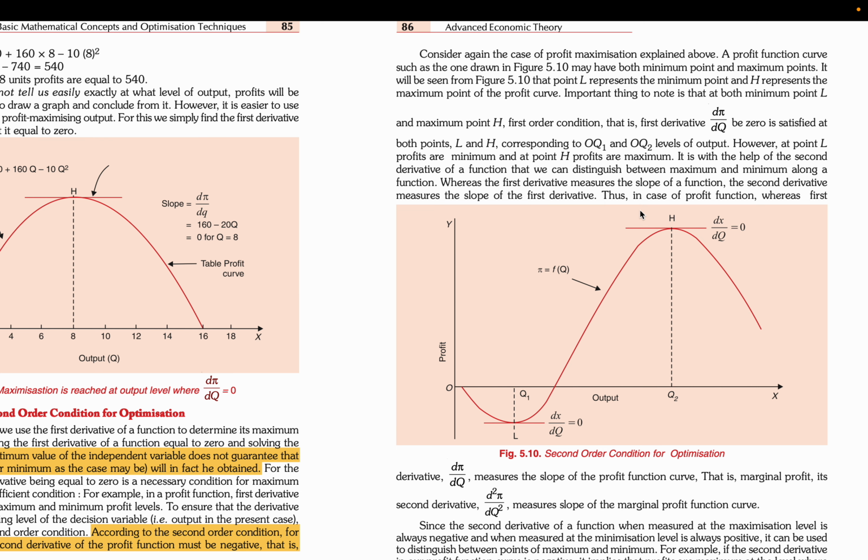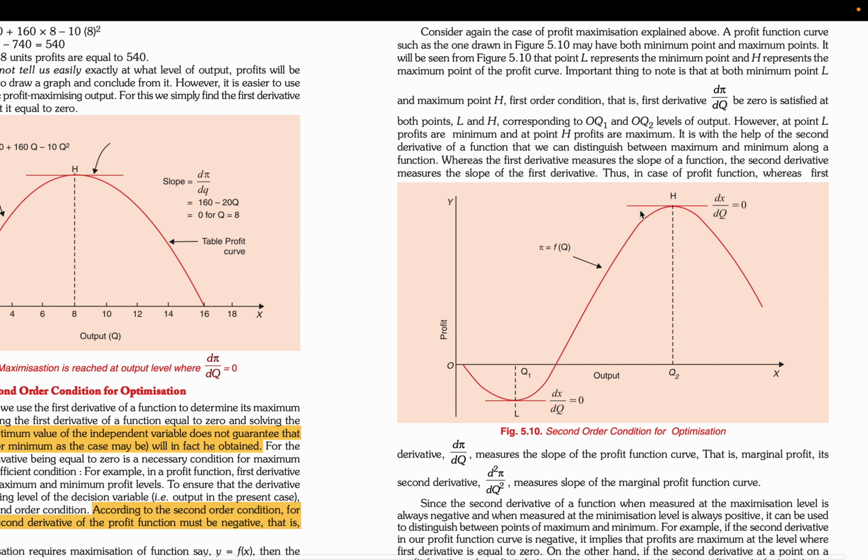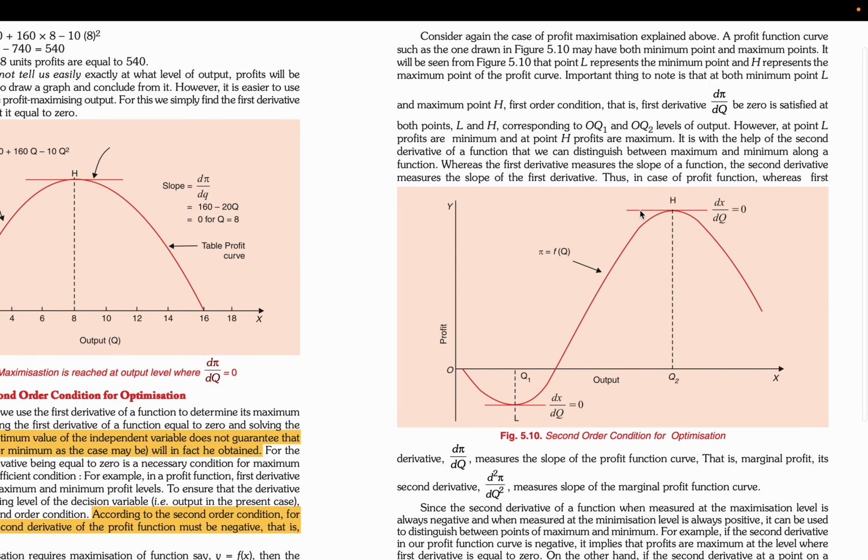Consider again the case of profit maximization explained above. A profit function curve such as the one drawn in figure 5.10 may have both minimum points and maximum points. It will be seen in figure 5.10 that L represents the minimum point, and H represents the maximum point of the profit curve. The important thing to note is that at both minimum point L and maximum point H, the first order condition holds, because the slope is going to be 0.